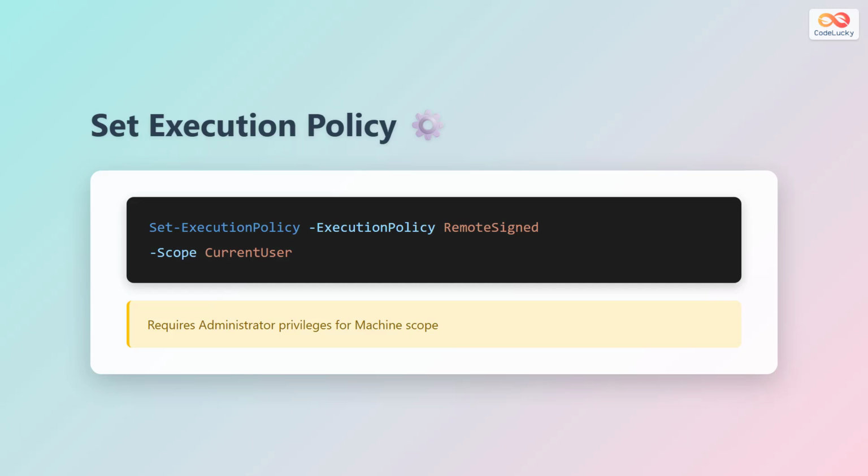For example, the command Set-ExecutionPolicy RemoteSigned -Scope CurrentUser sets the RemoteSigned policy for your current user profile. It's important to note that setting the policy at the LocalMachine scope, which affects all users on the computer, requires administrator privileges. For personal use, setting the policy at the CurrentUser scope is usually sufficient and doesn't require elevated permissions.